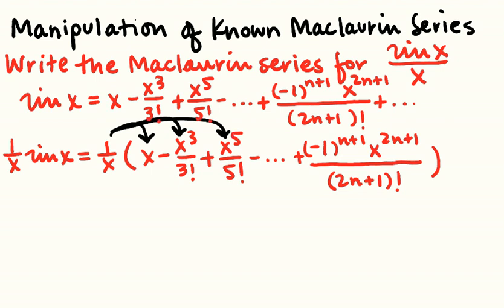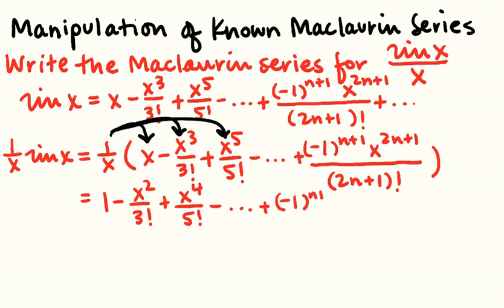So that's going to be x divided by x is 1. X to the third divided by x is x to the 2. X to the 4 over 5 factorial, and so on, plus negative 1 to the n, x to the 2n plus 1 divided by x times 2n plus 1 factorial.